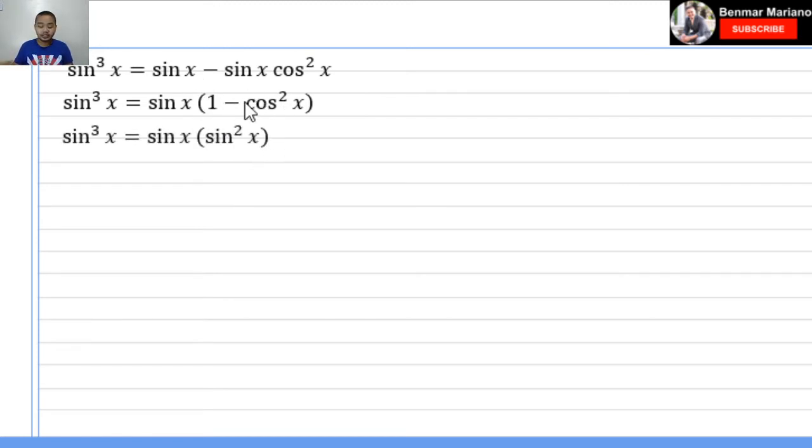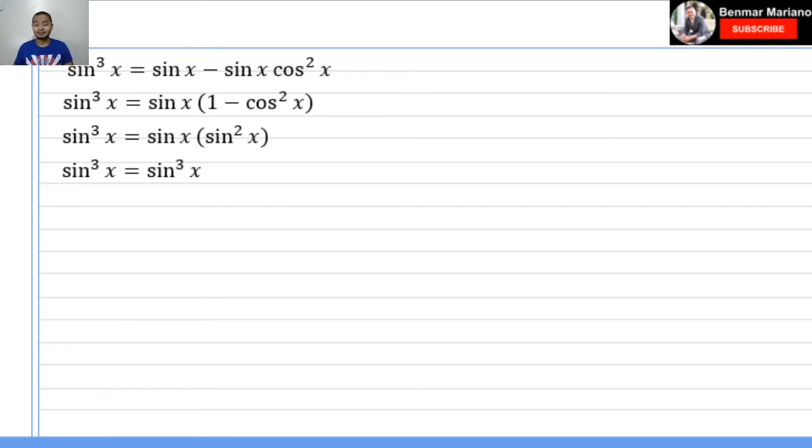What we used here is the first identity under the Pythagorean identities. So that is sine squared x plus cosine squared x is equivalent to 1. Next, multiply these two and we will achieve sine cube x. And that's it. Okay, so we already showed that sine cube x is equal to sine x minus sine x cosine squared x.